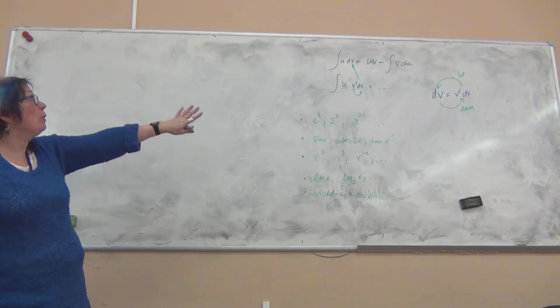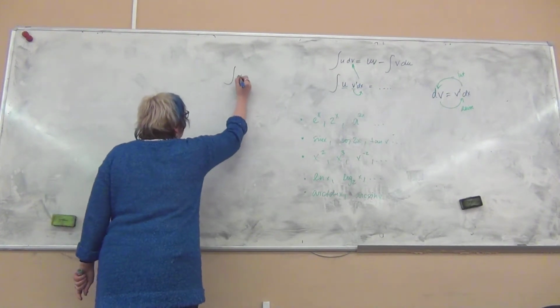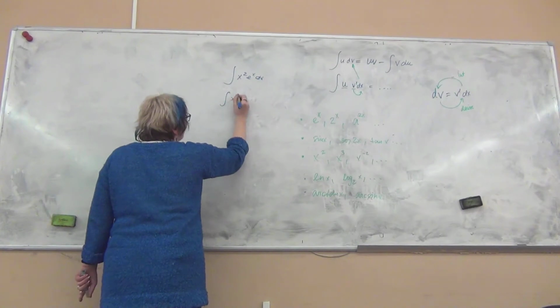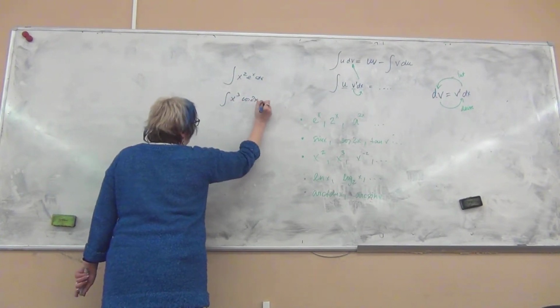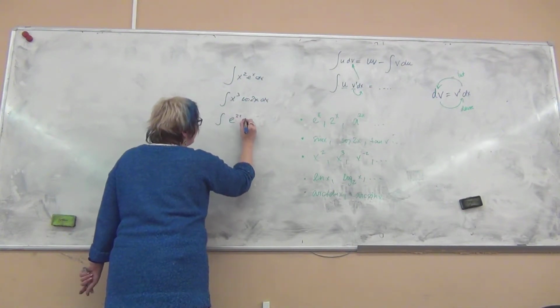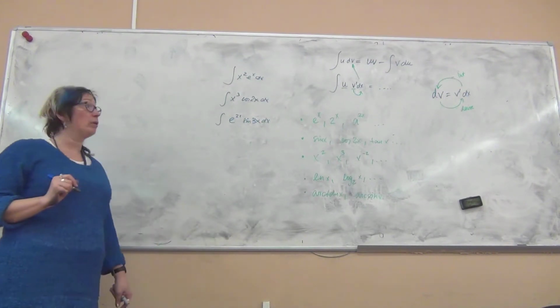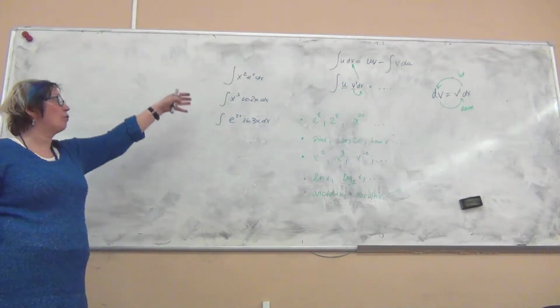So generally you will see integrals in the form of something like x squared e to the power x dx, or x to the power 3 times cosine 2x dx, or perhaps e to the power 2x sine 3x dx, for example, like this. So how do we solve this kind of integrals?